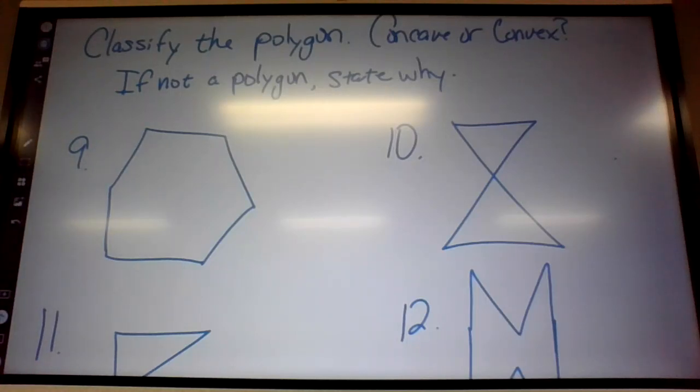So you need to know all the polygon prefixes, not just this one. So triangle, quadrilateral, pentagon, hexagon, heptagon, octagon, nonagon, decagon, and remember I said you have to know 12 too, so that's dodecagon.